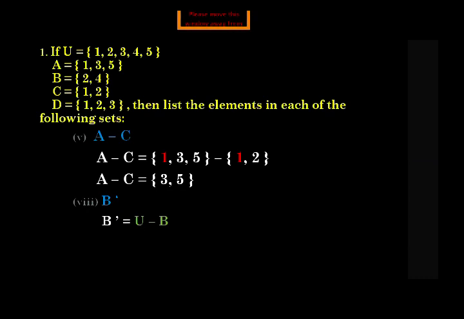As I have already told you, a complement always depends on the universal set. It does not have its own elements, so it always depends on the universal set. So the formula is U minus B.